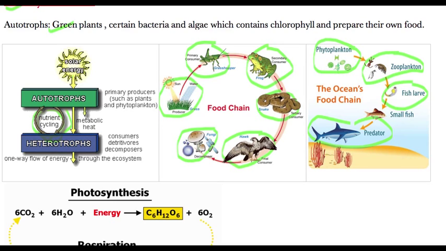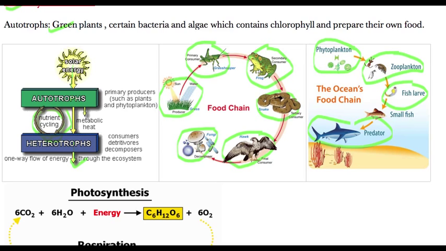So energy will come from the sun to autotrophs, then some energy will be used and some energy will be stored, and that stored energy will be further consumed by heterotrophs, and they will also use some energy and pass down the rest of the energy to other organisms. So there will be a linear transfer of energy while the nutrient will be circular.